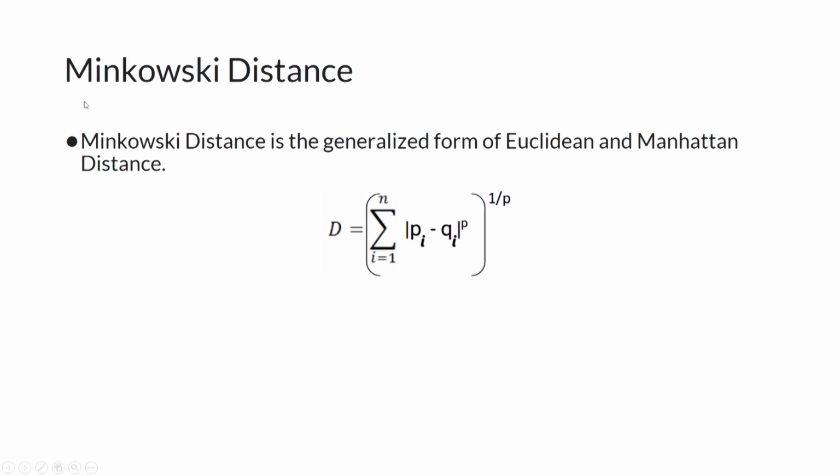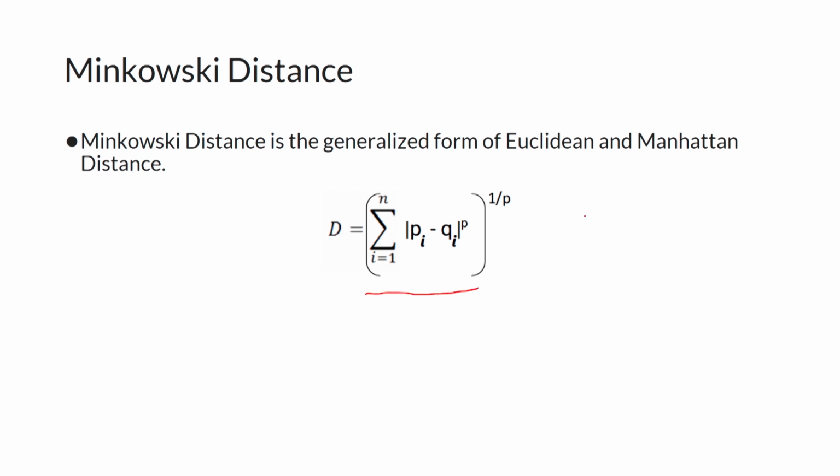Then we will see Minkowski distance. This is basically a generalized form of Euclidean as well as Manhattan distance. You see its formula here.